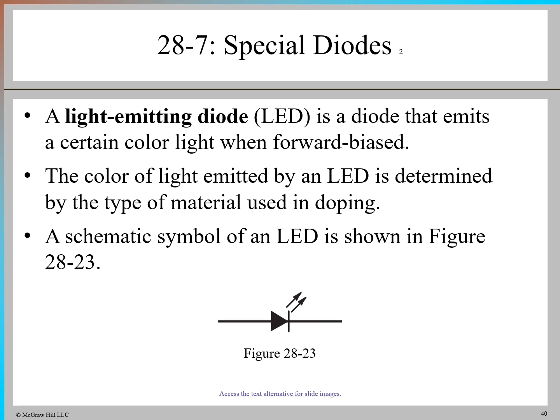LEDs are made by doping elements such as gallium, arsenic, and phosphorus to produce diodes that emit light in various colors, including red, green, yellow, orange, and even infrared. The key to LED operation is the recombination of electrons and holes at the junction, which releases energy in the form of light.